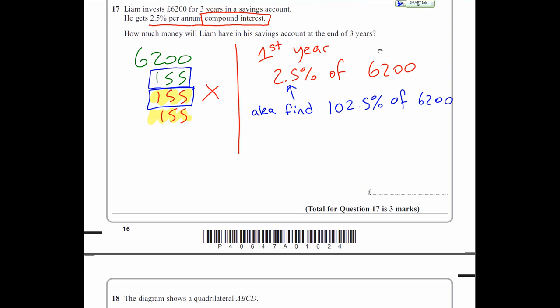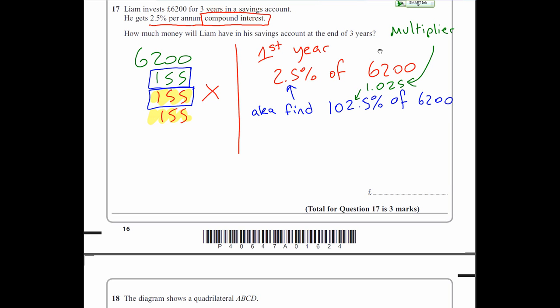And the trick is to use a multiplier. Convert it to a decimal, which you do by dividing by 100, 1.025. That is called the multiplier. I love multipliers because it does the work for you. Okay?